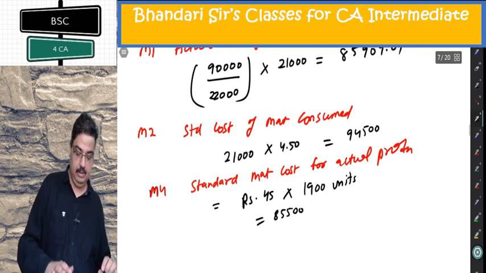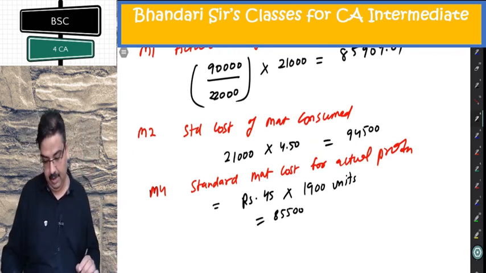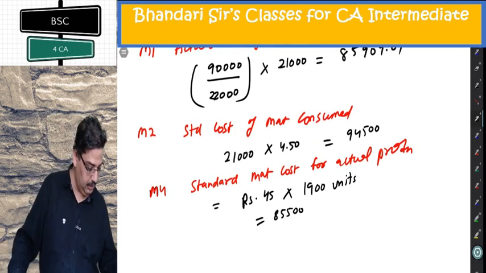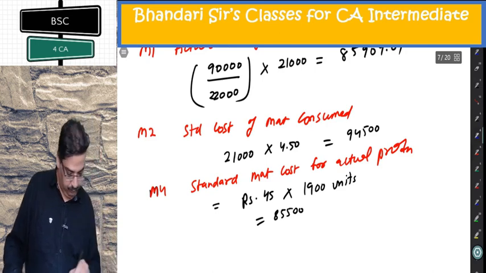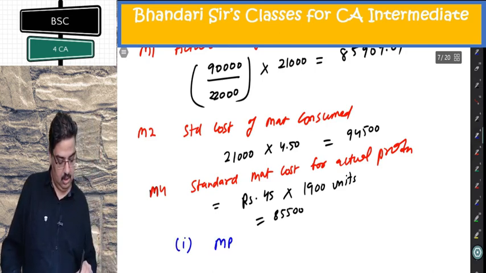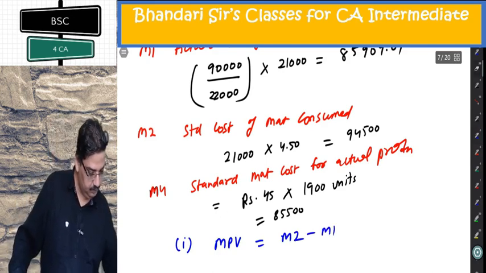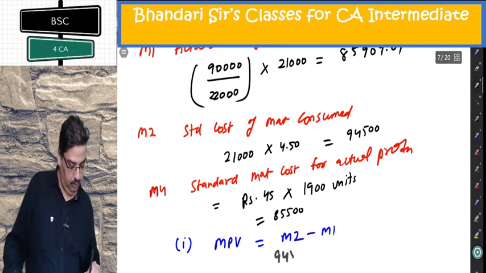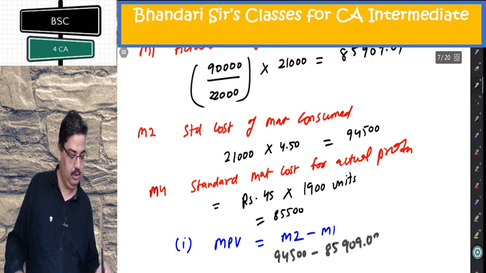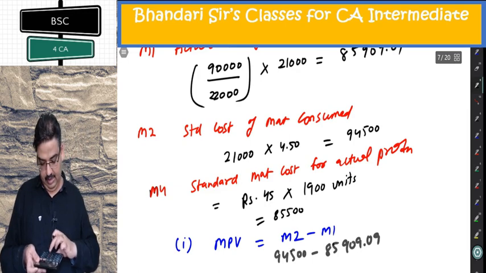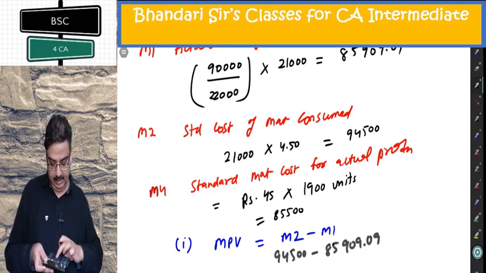So with the help of this, I can calculate first part price variance and second usage variance. First, MPV M2 minus M1. 94,500 minus 85,909.09.